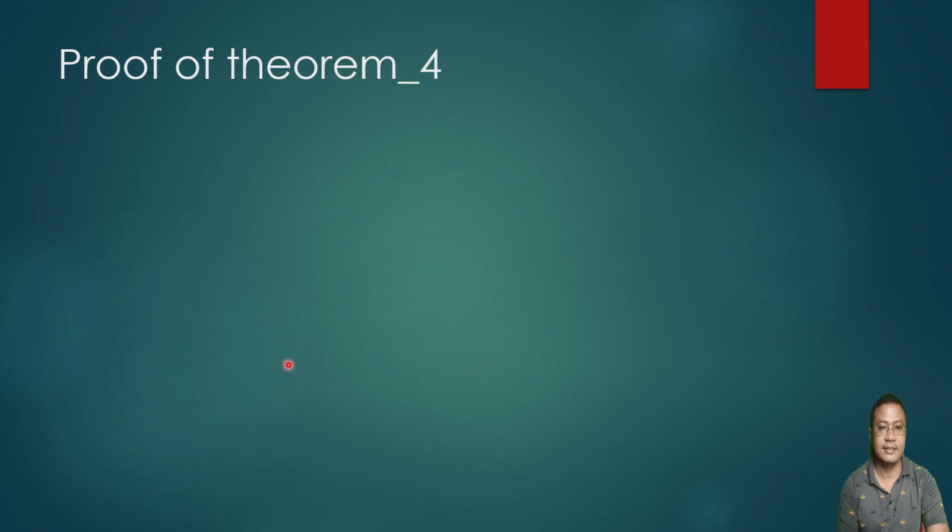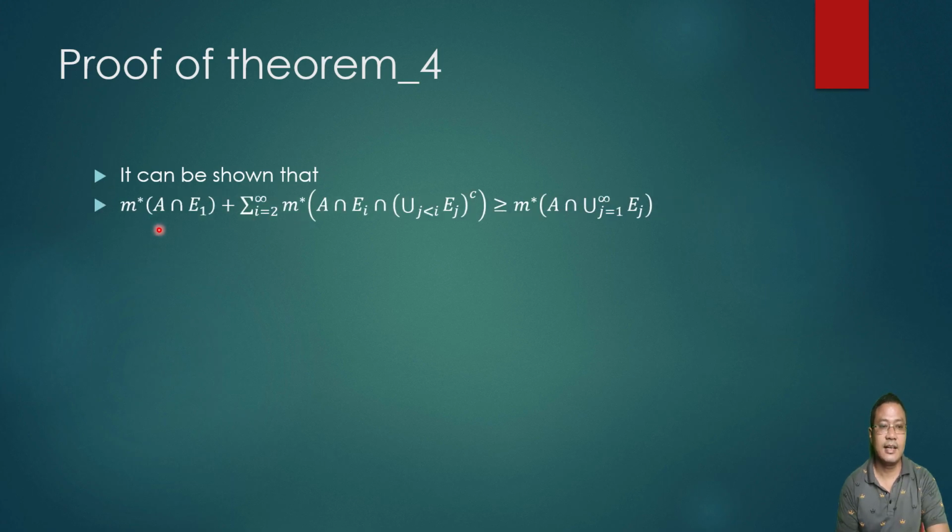Okay, it can be shown that m star A intersection E1 plus summation I running from 2 to infinity m star A intersection EI intersection union j running from 1 to less than I Ej complement is greater than or equal to m star A intersection union j running from 1 to infinity Ej. So let us simplify this result.